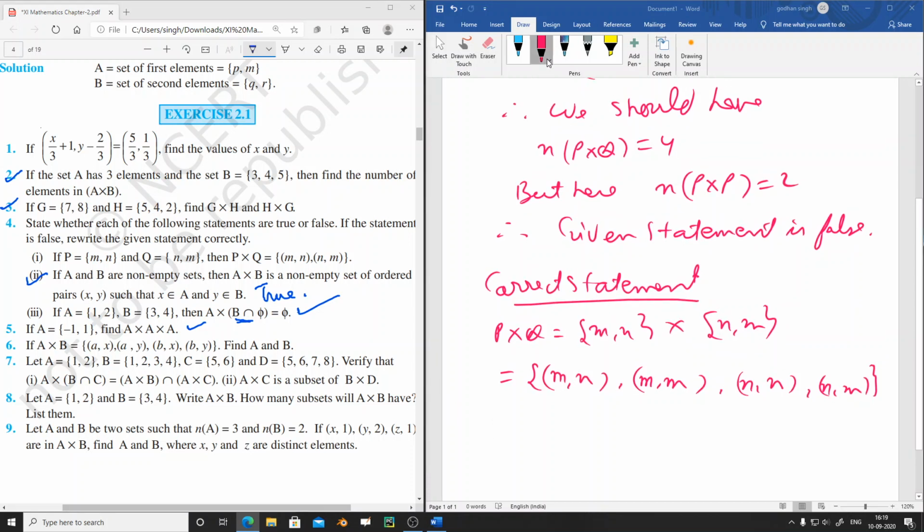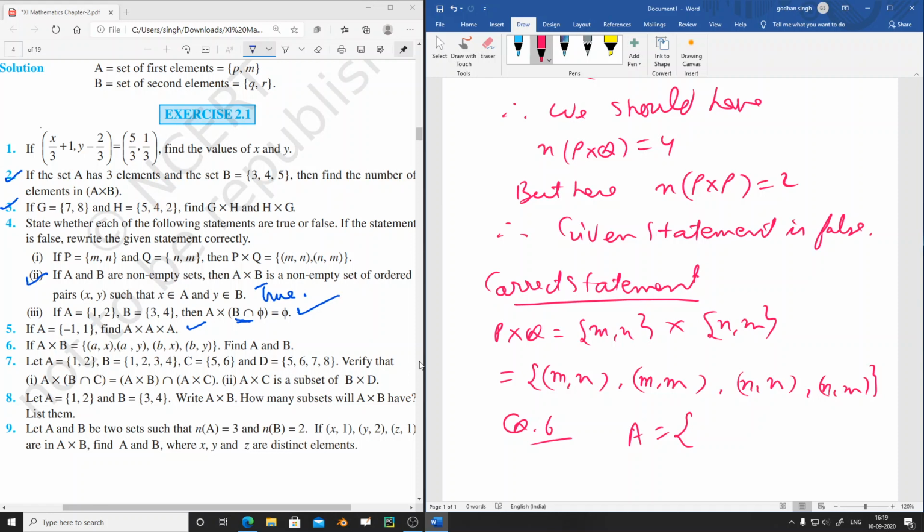The sixth one is very simple, because we must know the meaning of A cross B. A cross B, by definition, is the collection of all ordered pairs (x, y) such that x belongs to A and y belongs to B. So the first element of the ordered pair will always belong to set A, and the second element will always belong to set B. So it is very easy to find the elements of set A and set B. A equals the first elements of the ordered pairs, which are a and b.